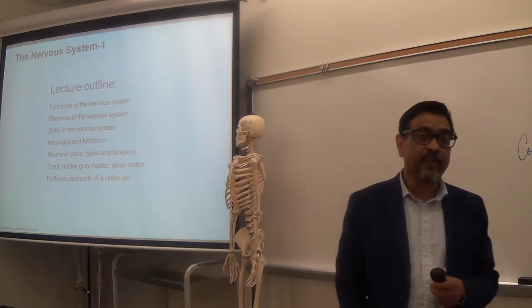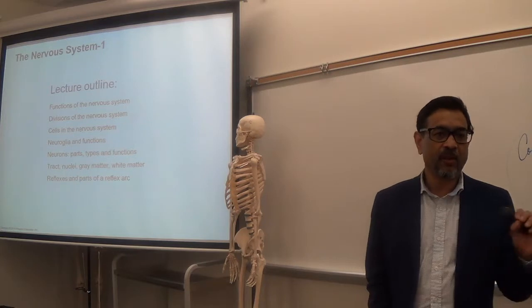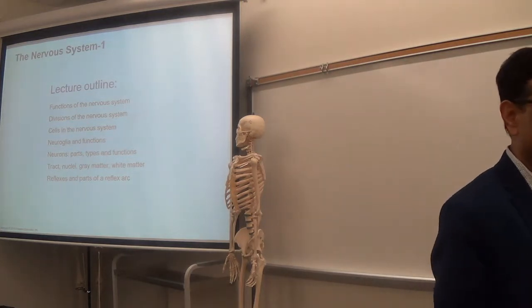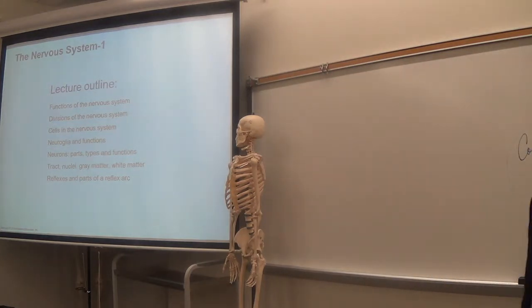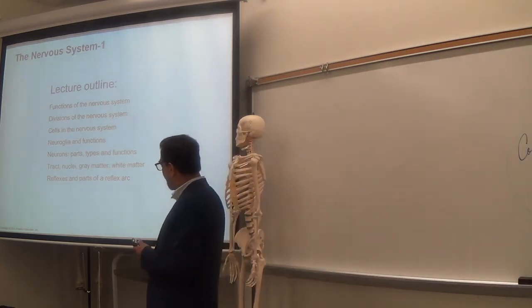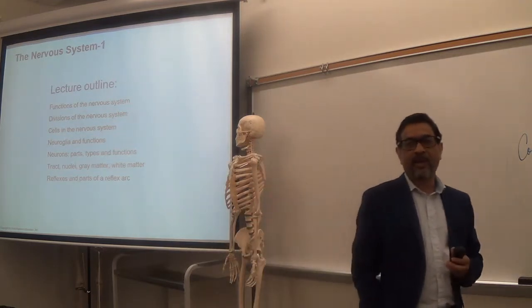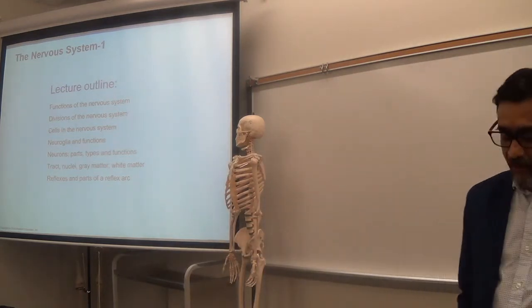Two types of cells are present in the neural tissue: neurons and glia, neuroglial cells. You already learned that in histology, in tissue lab. Neurons are the main cells and neuroglial cells are the supporting cells. We'll talk about both.